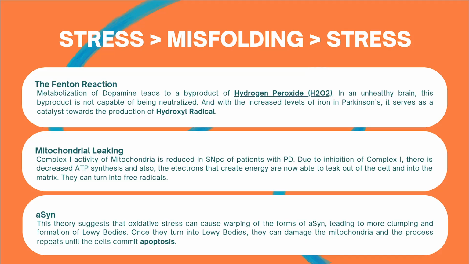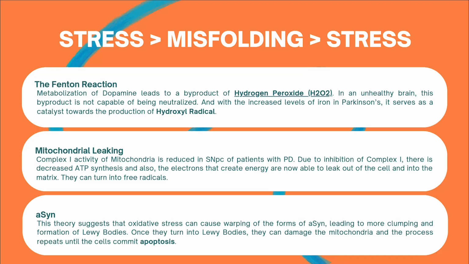And free radicals, as I've mentioned earlier, are highly reactive molecules that can cause damage. So think of it like a matchstick and a matchbox. The matchbox could be hydrogen peroxide and the matchstick could be the levels of iron. So the higher your levels of iron are, and you slide it over the matchbox, which is hydrogen peroxide, you produce hydroxyl radical, which can create fire.